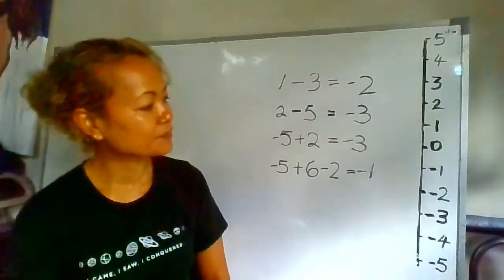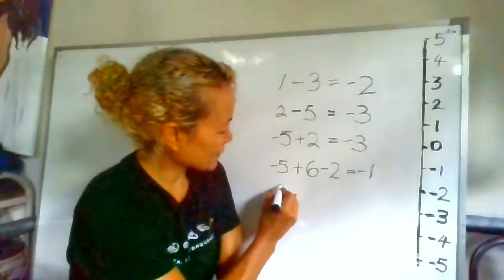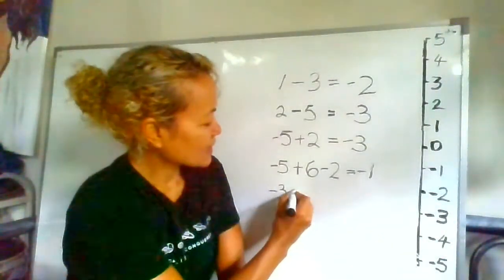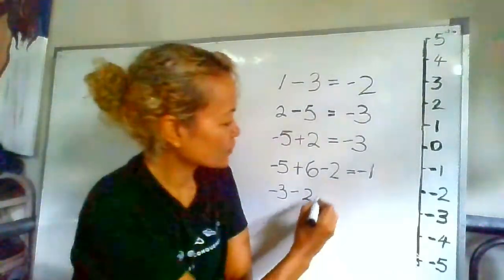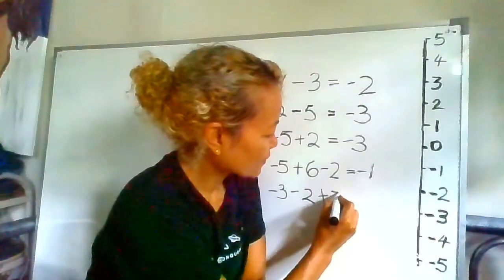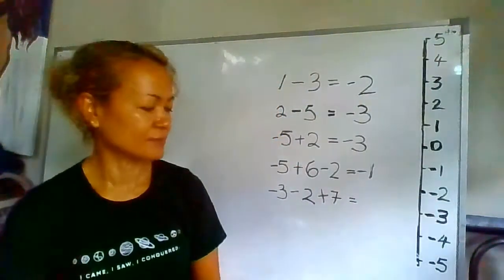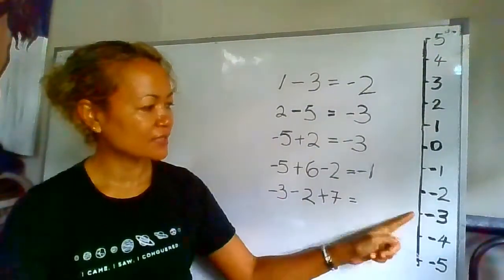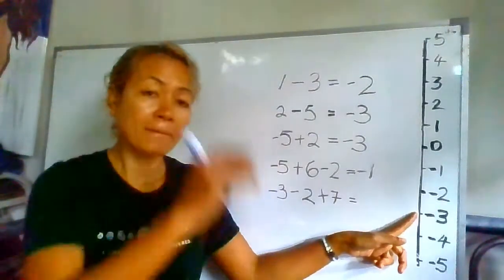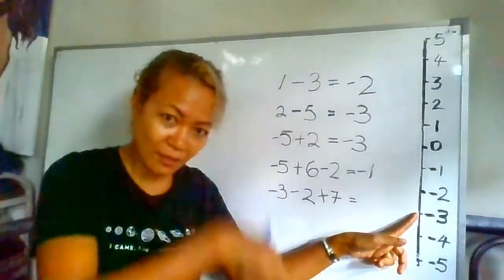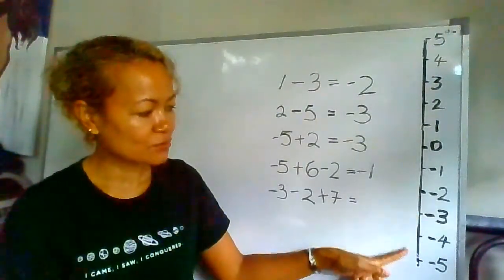Last example. Okay, what if you start at minus 3 minus 2 plus 7. So start at minus 3, then you minus 2, so you go down, minus, take away, go down, dig the hole, okay? Minus 2, 1, 2.